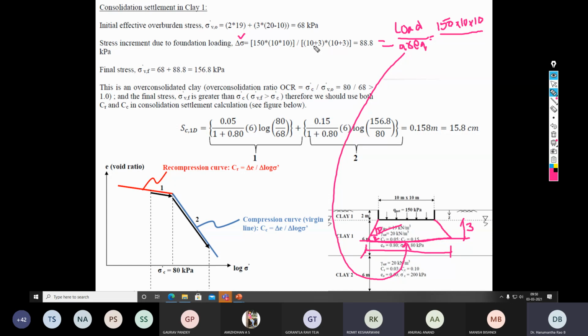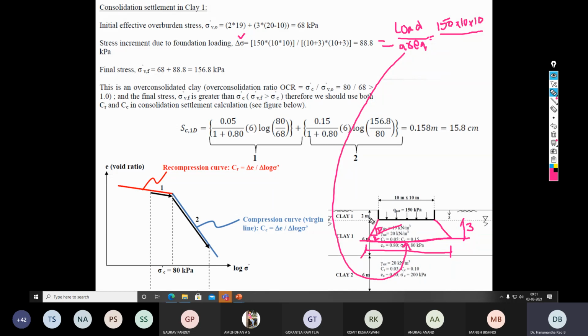Also, sir, I think for initial effective overburden stress, we have to take from foundation level, sir. No, it is not foundation level. It is from the ground surface to the middle. See, initial means when there was no footing, what is the pressure at the middle of clay layer 1? At the middle of the clay layer, that is at a depth of 3 plus 2, 5 meter.